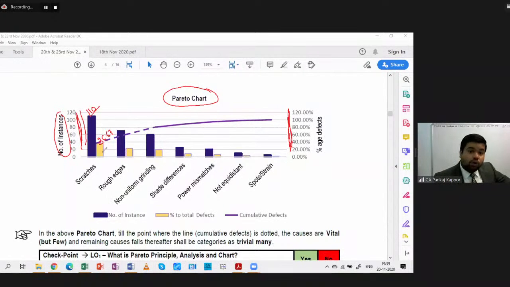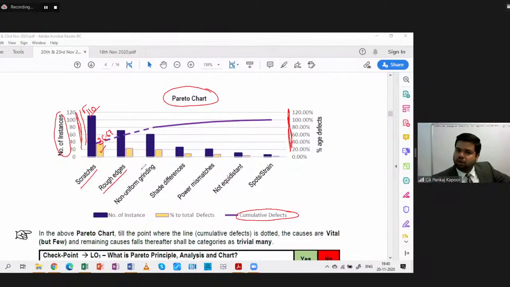The yellow bars or columns represent the individual percentage of defect, whereas this line or curve represents the cumulative defects. So scratches, number of incidents are 110, and the percentage of defect is 36.67%.